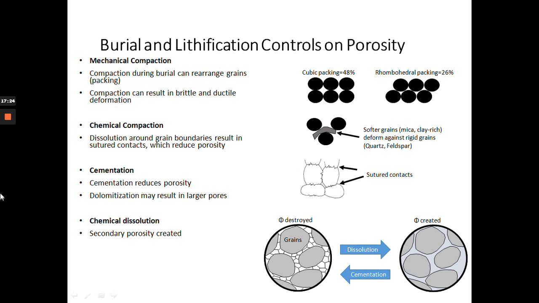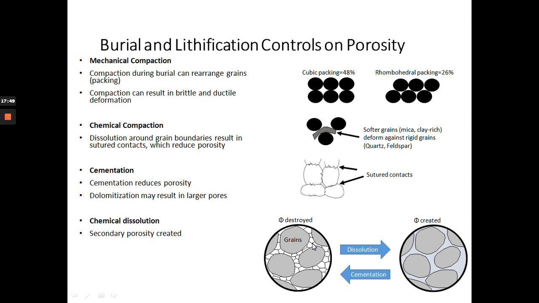Okay. Of course, cementation will reduce porosity. For example, right here, you have the original grains with original porosity in between. When you start to get cement, there is no porosity now. Right? Everything has been filled in this case with calcite cement.